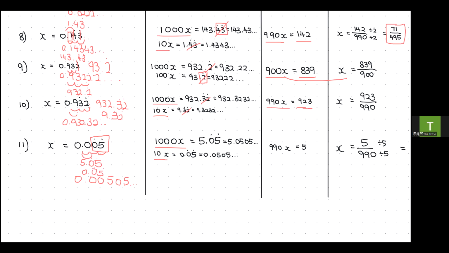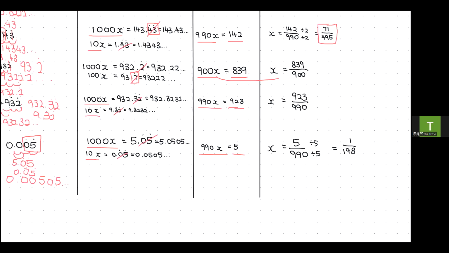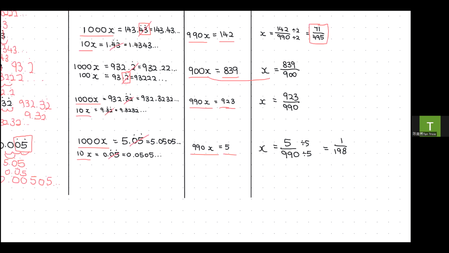You can cross out now. 1000x minus 10x equals 990x. 5.05 recurring decimal minus 0.05 recurring decimal. Cross out the recurring decimal. 5 minus 0 equals 5. So x equals 5 out of 990. Divide by 5 to simplify. 5 divided by 5 equals 1. 990 divided by 5 equals 198. The final answer will be 1 over 198.